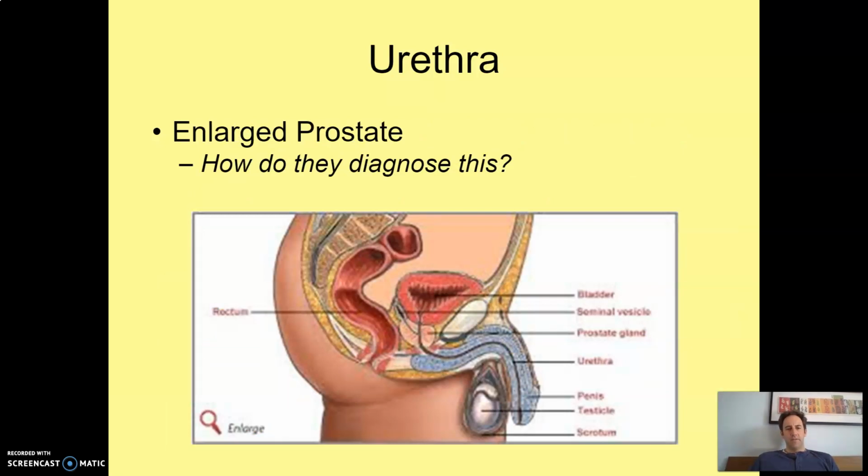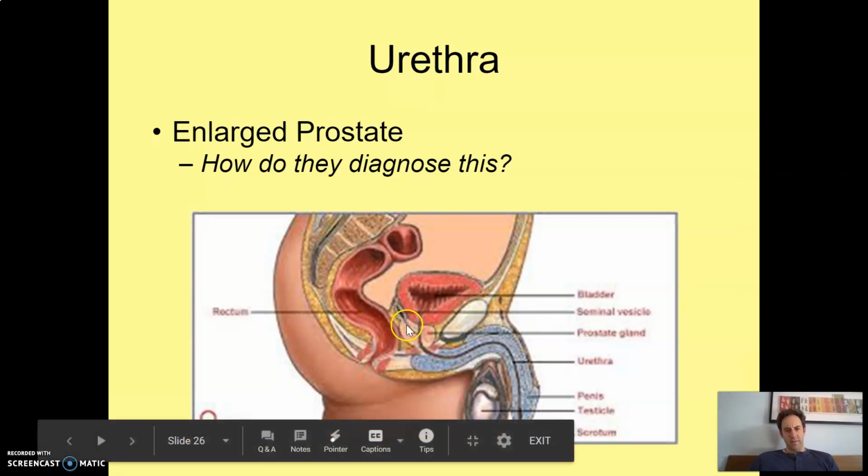So the way they diagnose this is also a common fodder for movie humor, and it's not very pleasant, gentlemen. I'm so sorry, but the way they check to see if that prostate gland is enlarged is they feel it. And it turns out there's a very direct line that gives you very good access to feeling the prostate gland.